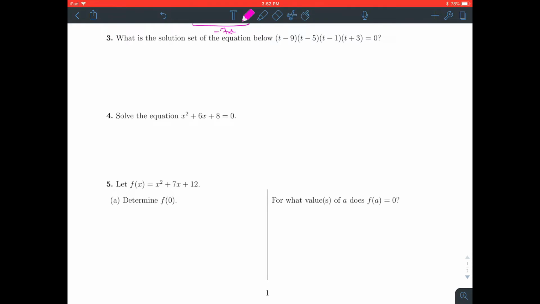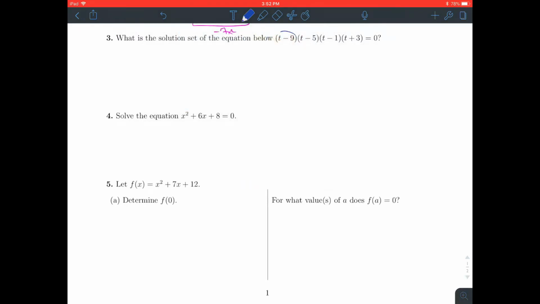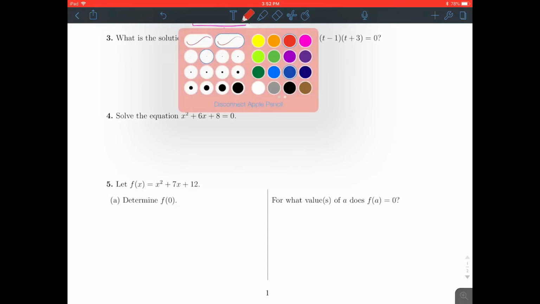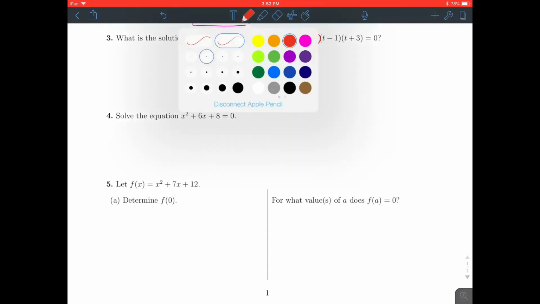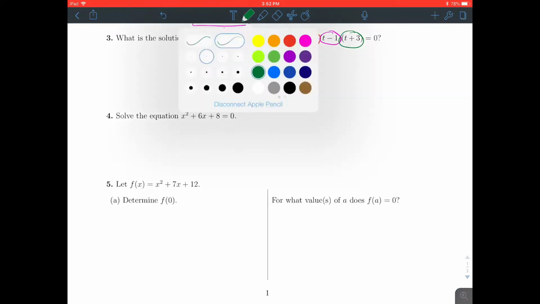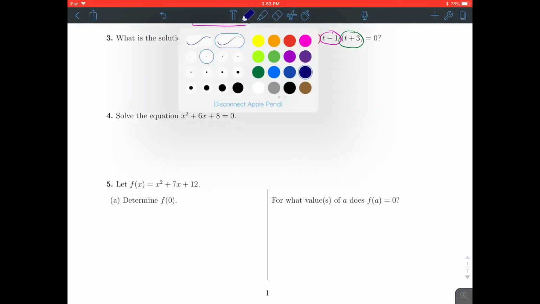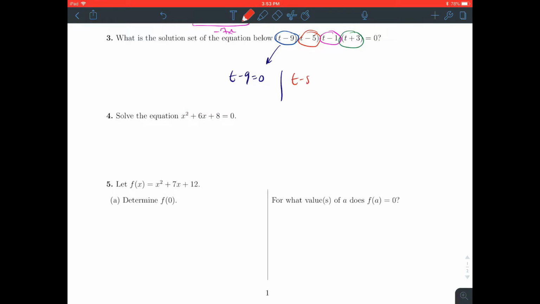Next we move on to this whole idea of solving using factoring. So if we're multiplying 4 numbers, we've got a blue number, a red number, a pink number, and a green number. If you're multiplying all of these numbers to get 0, then what you'll know is that to multiply things and get 0, one of those things has to be 0. So either this blue thing is 0, or this red thing, t minus 5.